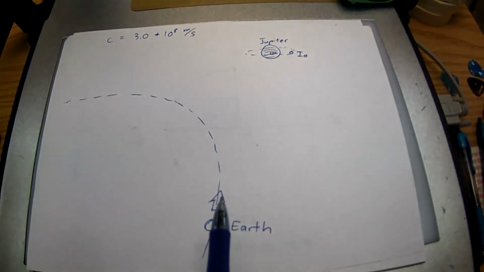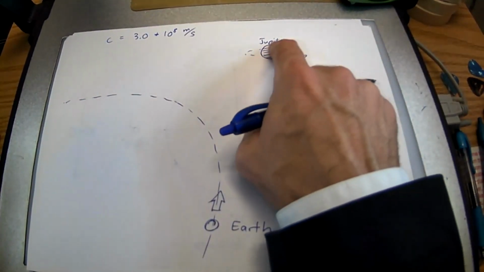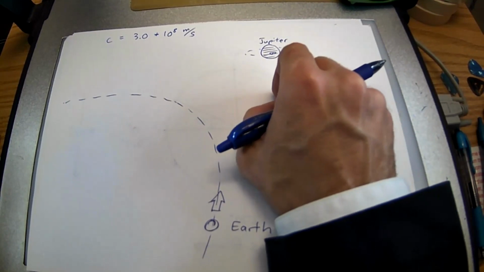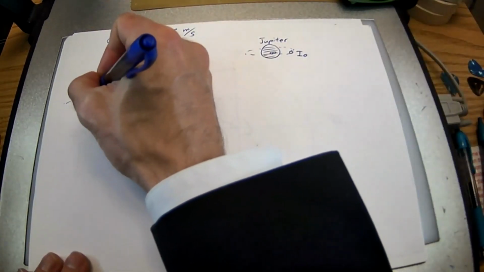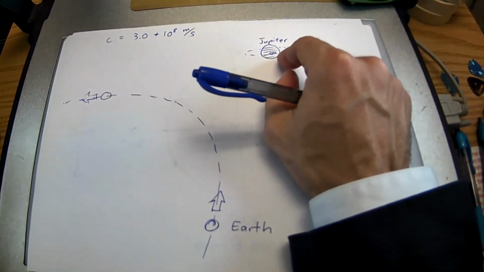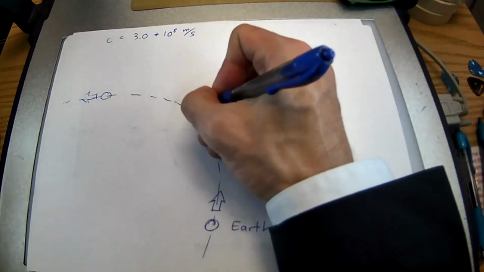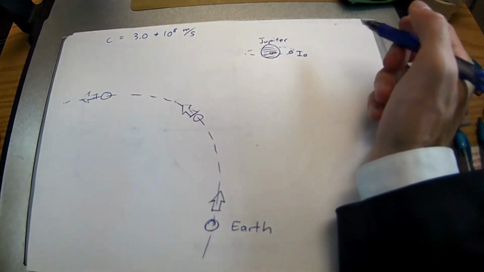While Earth was heading towards Jupiter, that time decreased for one orbital period by about 13 seconds, compared to a 42-hour round trip. But when Earth was heading away from Jupiter, the opposite was true. It seemed like it took Io a little bit longer to go around Jupiter, like plus 13 seconds.